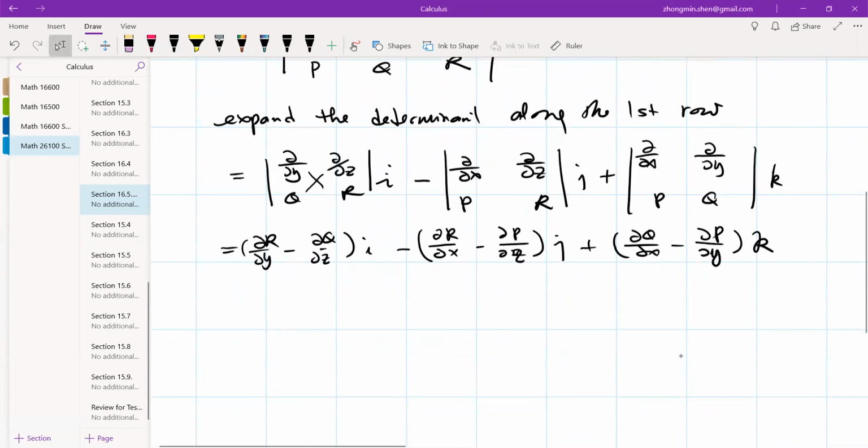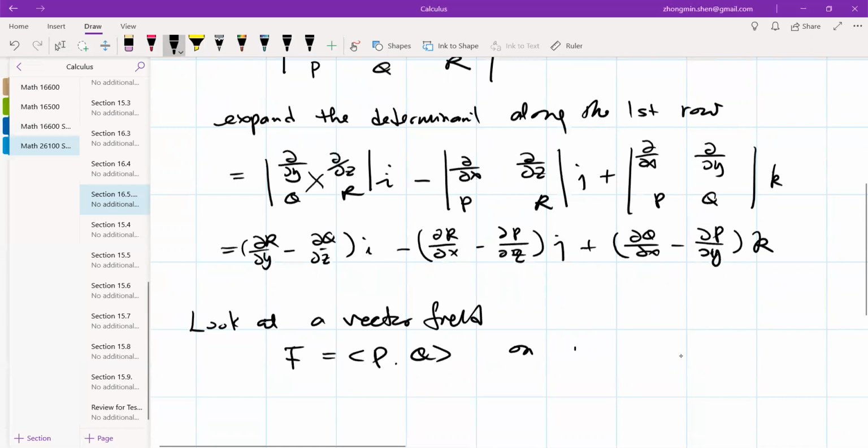Now there's a reason we introduce this new vector field coming from the original vector field. Okay, let's look at a special case. Look at a vector field F, which is just (P, Q), on a domain D in R2.